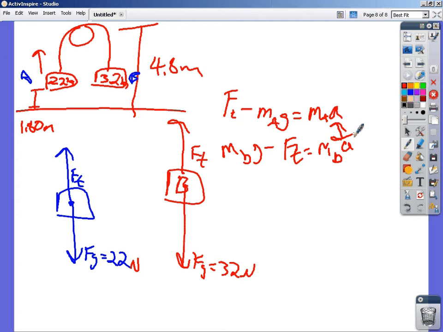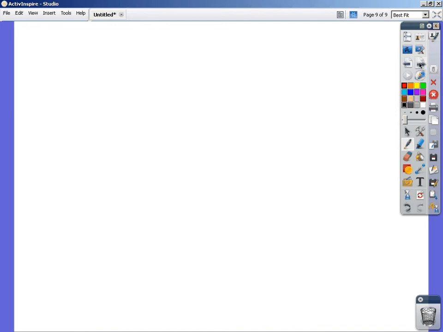Yeah. So let's rewrite that. So F_T minus M_A g is equal to M_A a. So this one's going to be negative F_T plus M_B g is equal to M_B a.